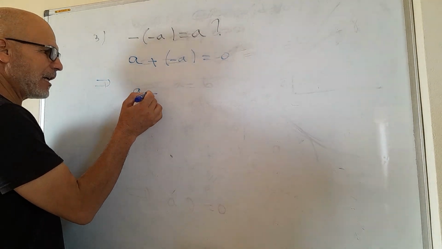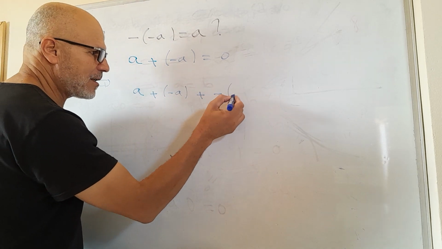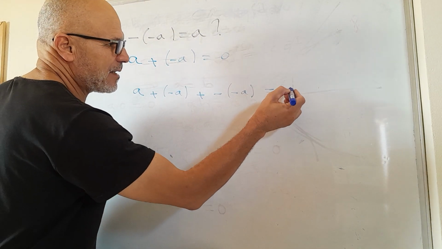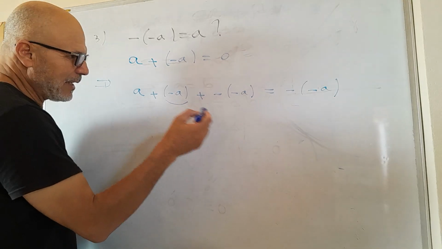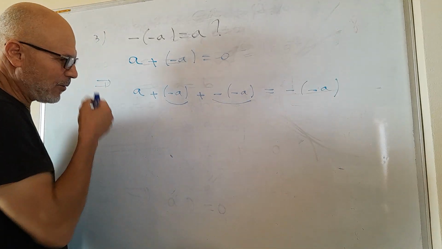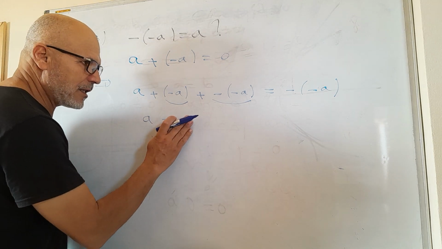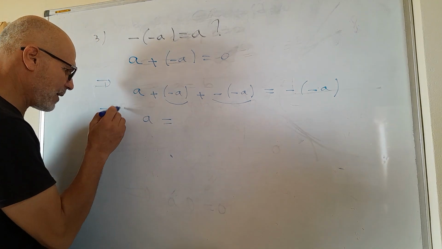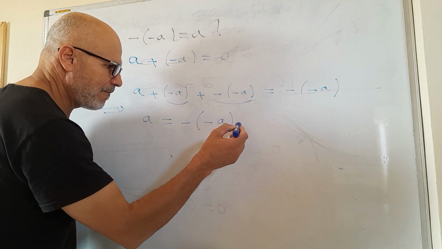So we add minus minus a to both sides: a plus minus a plus minus minus a. This is equal to minus minus a. But this element and this element are opposites, which means that this is equal to a, which implies that a is equal to minus minus a.